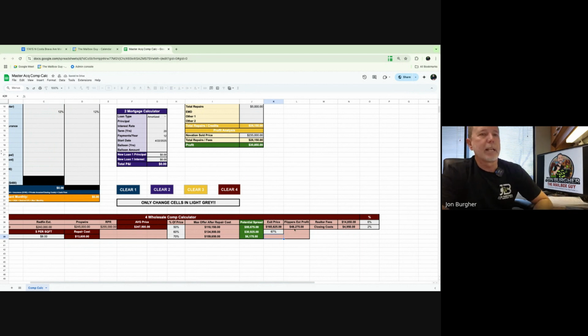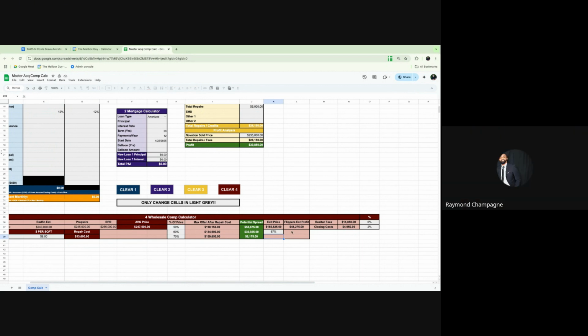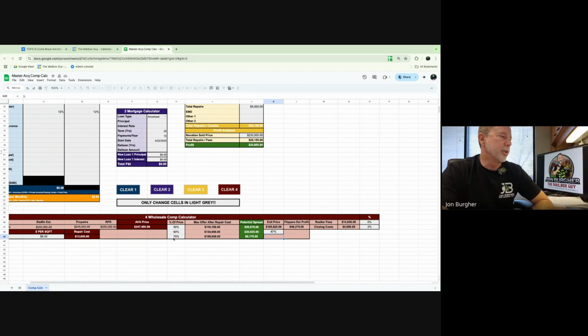We're going to say the flipper is going to make $48,000. Then you can come back over here and say, well, I still want to make $30,000. So you can either buy it at 50% of retail, 60 or 70, and you can change these percentages if you want to. But to make it even with this, I would have to buy that same property for $134,000.